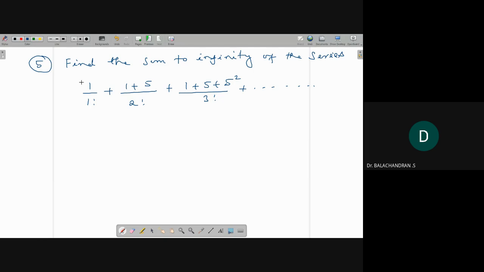So this is the first term, this is the second term, this is the third term.